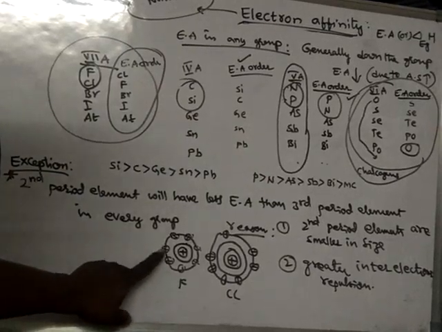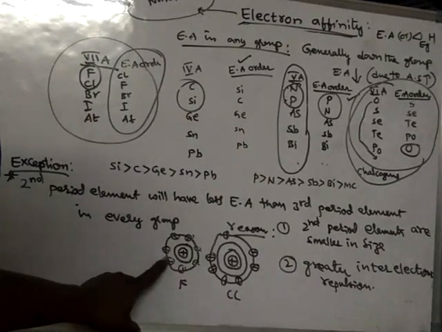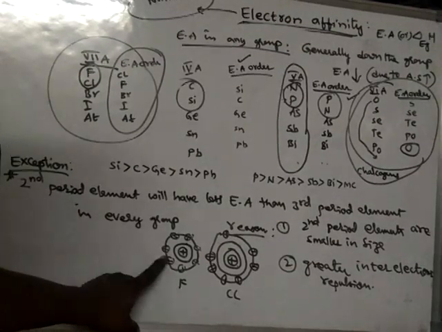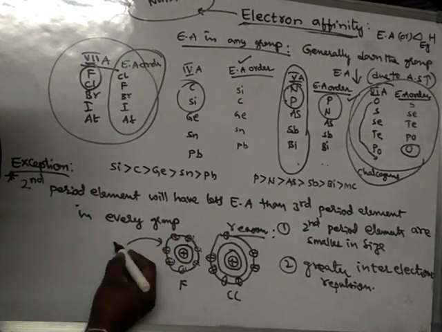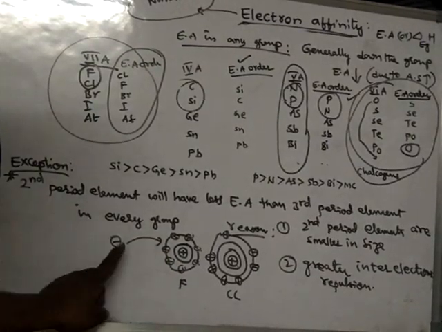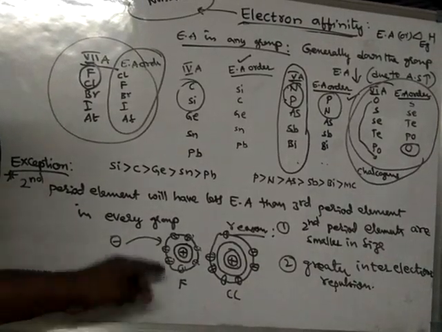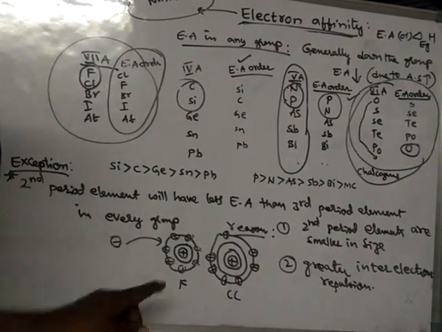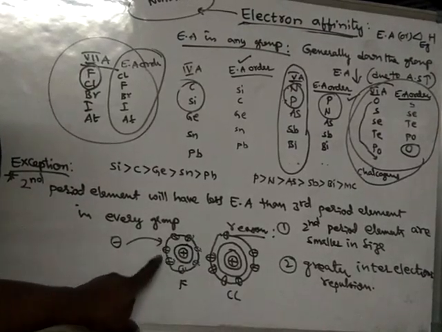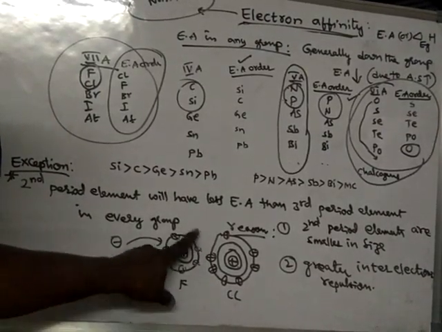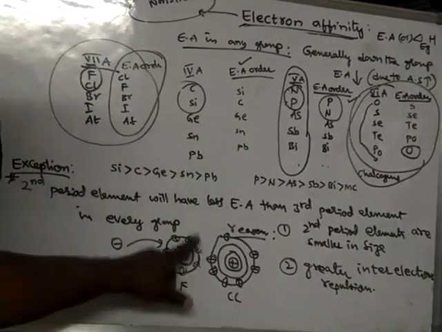Already there is some repulsion between the electrons due to less space. So if you want to add one more electron to this fluorine atom, it is very difficult. This atom does not like to take this electron because there is already competition for the space among these electrons.